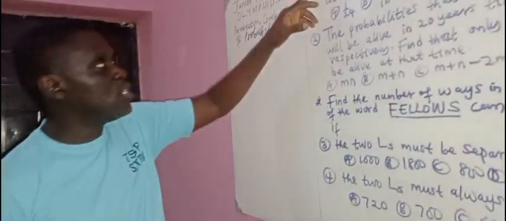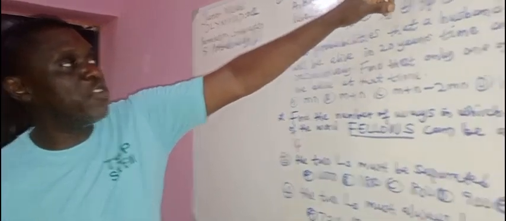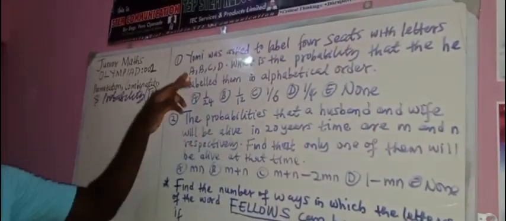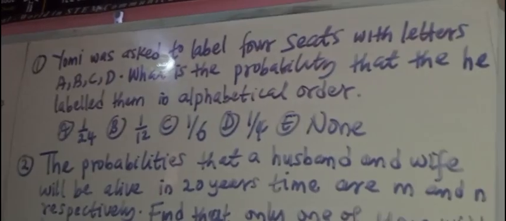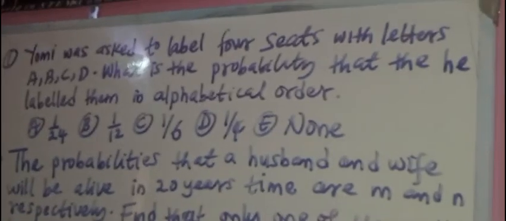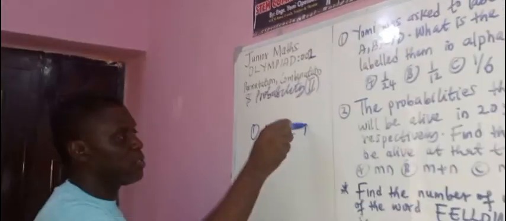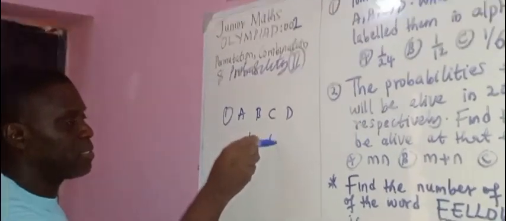Now, question number 1. Yomi was asked to label 4 seats with letters A, B, C, D. What is the probability that he labeled them in alphabetical order? Number 1, A, B, C, D. So those are 4 letters.